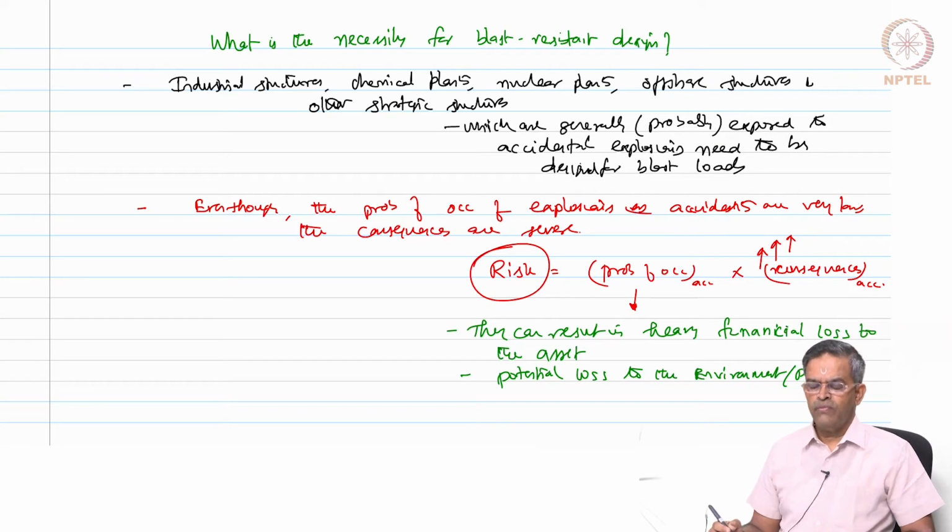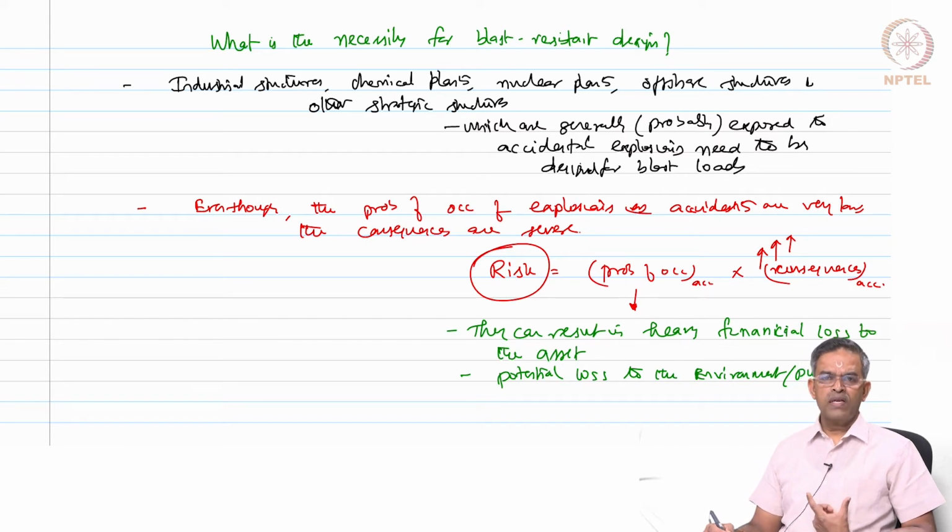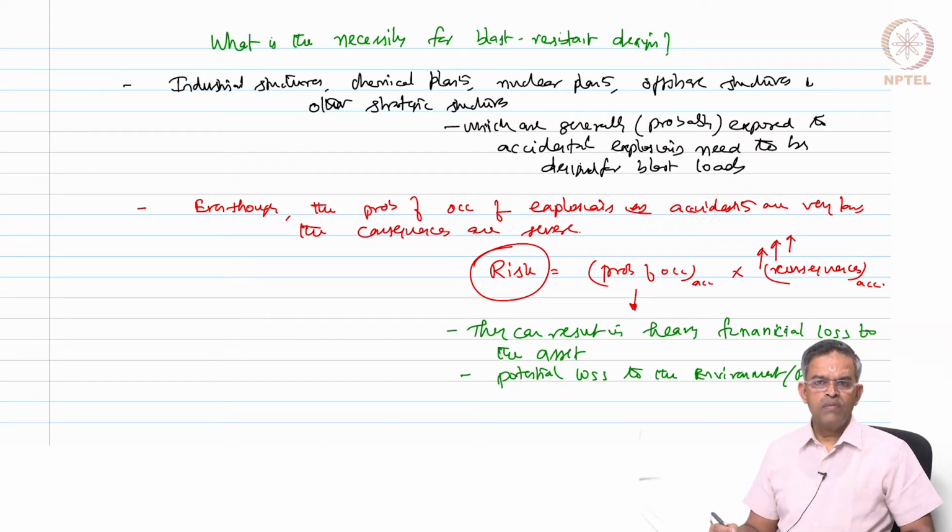So, therefore, there is a necessity for blast resistant design of a certain class of structures. You do not have to design all structures for blast resistance. You are going to see what is the probability of that kind of system being exposed to accidental explosions. If there is a probability of these accidents happening in that particular building or structural system, then it should be designed for blast loads.